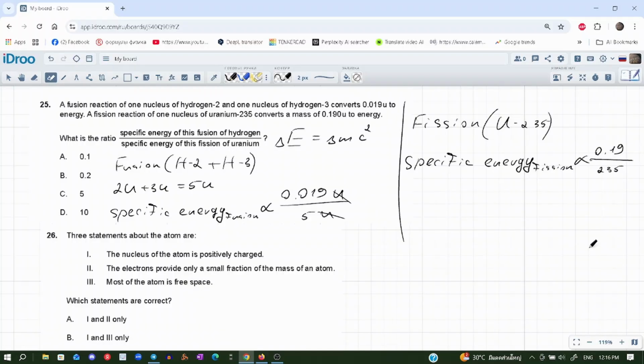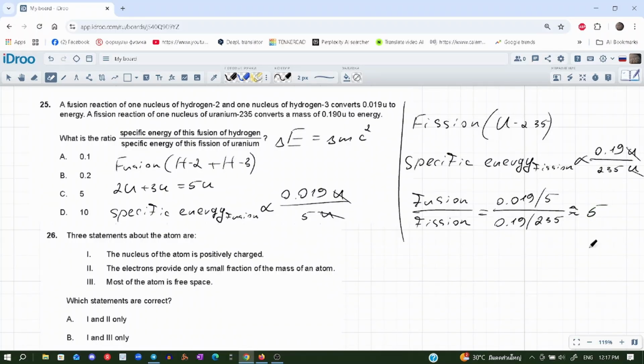Again, we just lost these units. So then the ratio fusion over fission is 0.019 over 5 over 0.19 over 235, which is approximately 4.7, which is approximately 5.